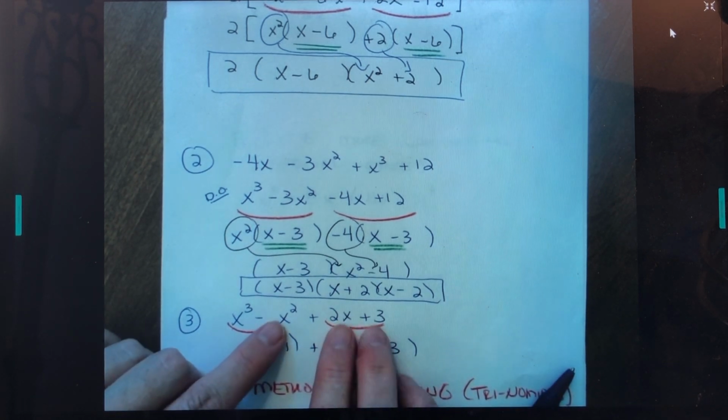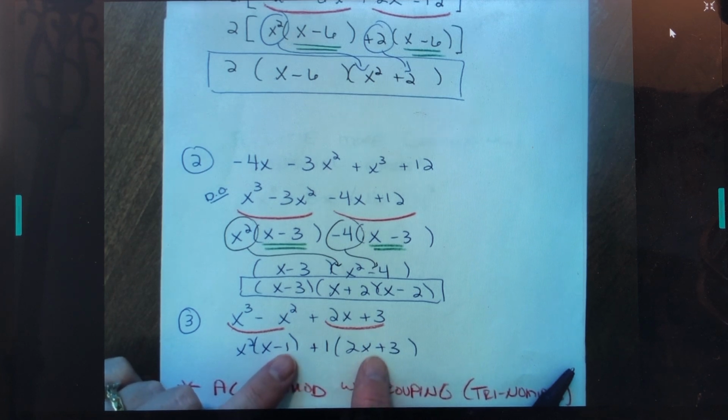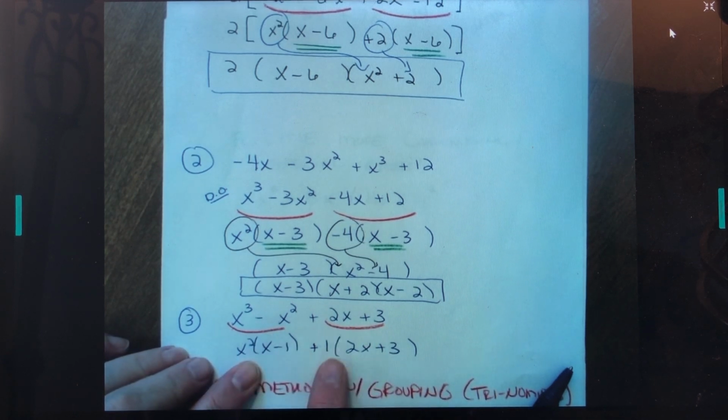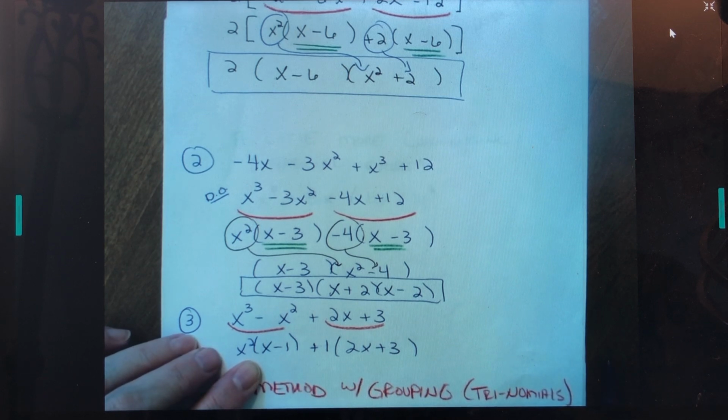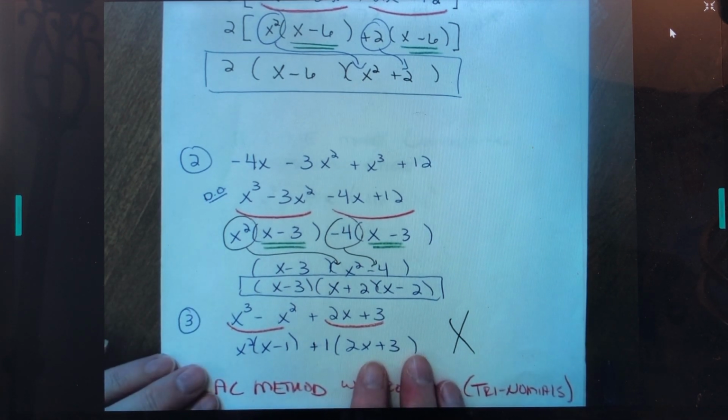So this has been attempted to factor by grouping, but if you notice, these don't match. So if I go back and just verify that no mistakes were made, I confirm that indeed these don't match. And so this is an example of a 4-term polynomial that if you try to factor by grouping, it doesn't work. And this would cause us to go in an alternate direction.